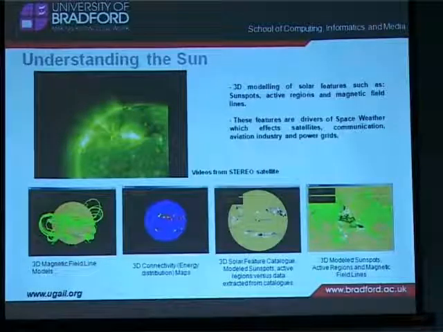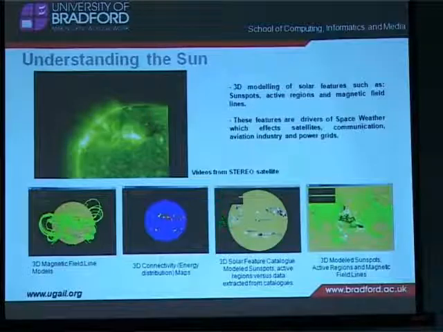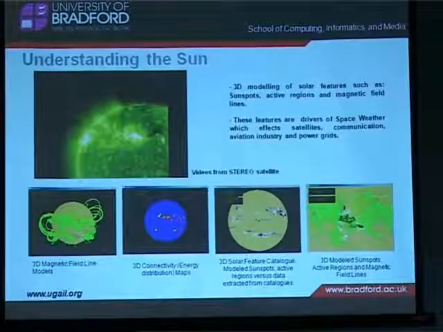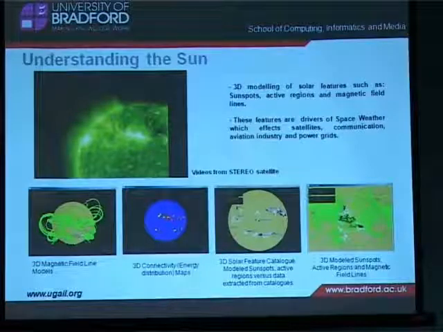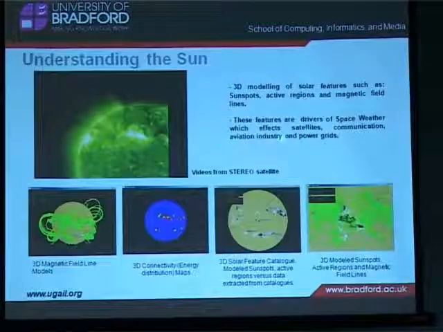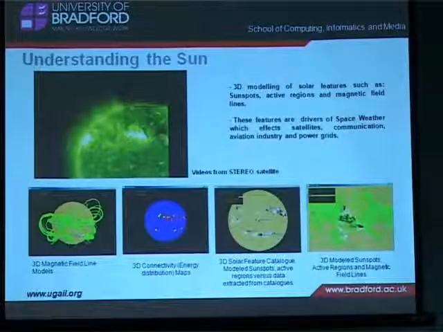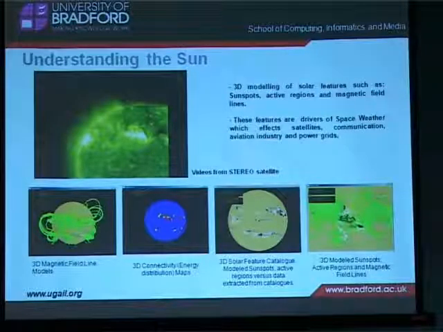So why do we study the sun? Because obviously for future space missions it's important to find out when these solar flares and eruptions would occur. It affects satellites if there are eruptions and solar flares. It also affects communication, the aviation industry and power grids. So it's actually quite important to understand the activities of the sun.